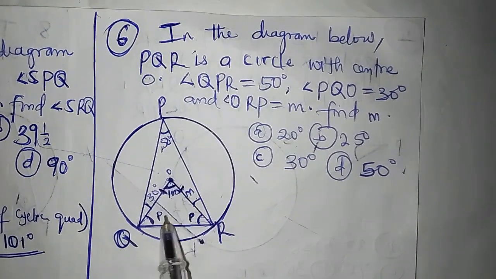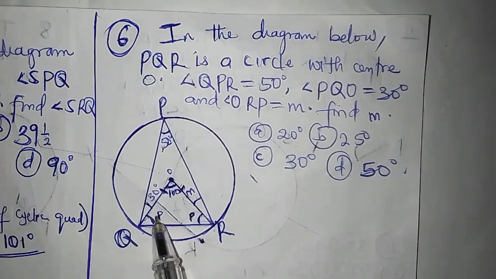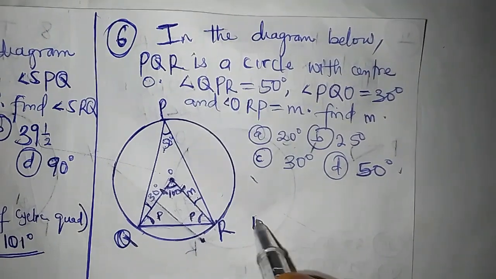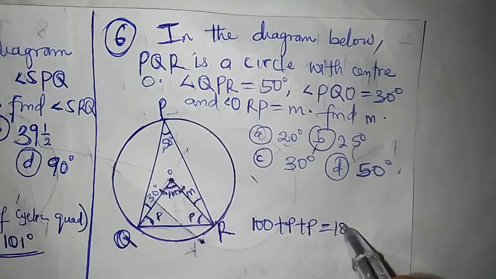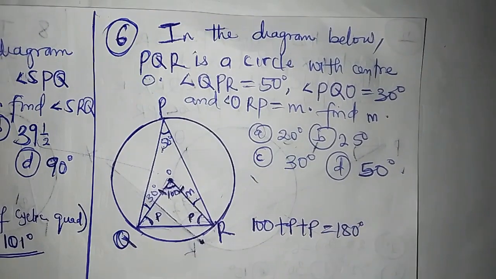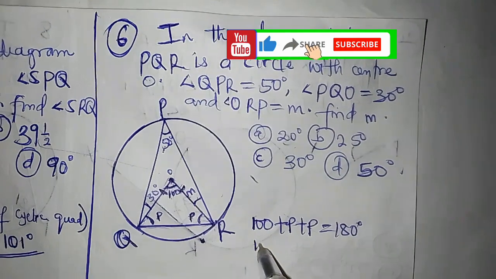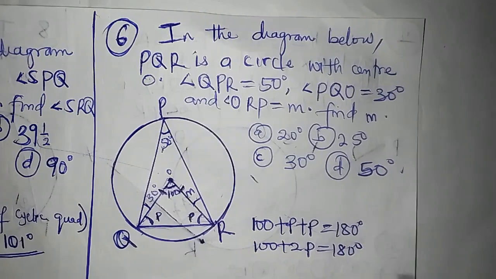Can we get the value of P? You will see why I'm solving for P. Let's get the value of P. Since it is a triangle, then 100 plus P is equal to 180 degrees. Because it is angles in a what? Triangle. So 100 plus 2P is equal to 180 degrees.